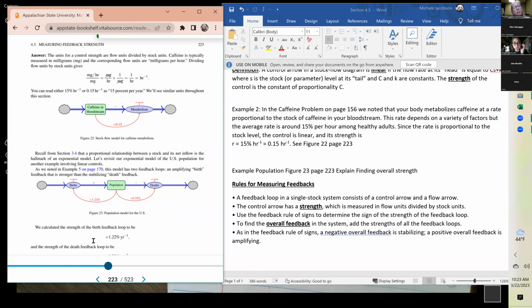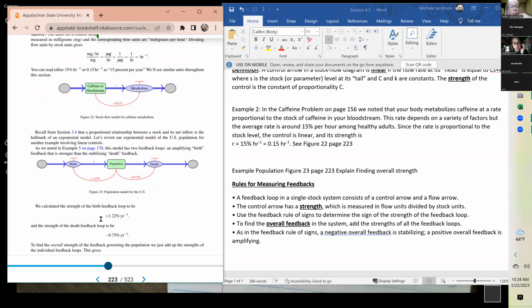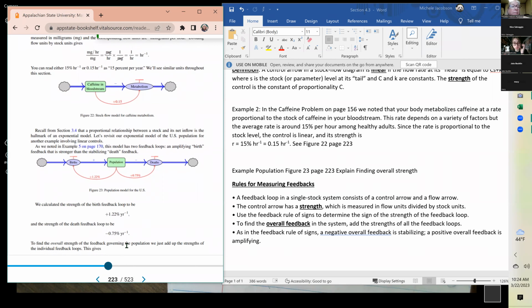We can calculate the strength of the birth feedback loop. I think what they did was they found out the percentage of increase each year. They found an average, and it was 1.22%. And then deaths were approximately 0.75. Now, this negative, ignore it for a second.